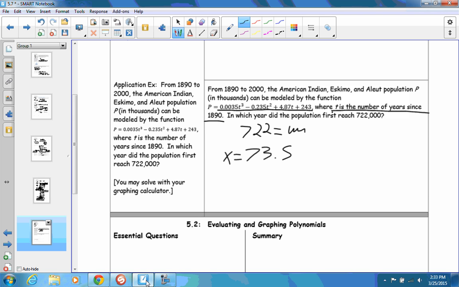I want to know what year we reached 722,000. So what is the only thing I'm missing? Tell me what year. I don't want the year 73. I want 1890 plus 73.5. And I'm not interested in the 0.5. It doesn't say in what month did it happen. It just wants the year, so I'm just going to drop that.